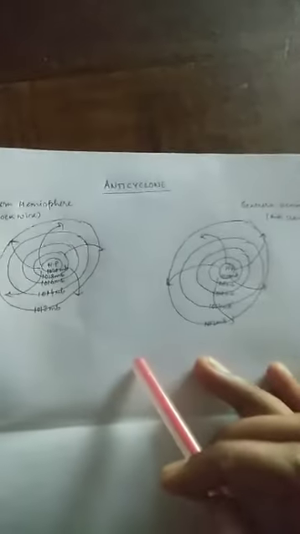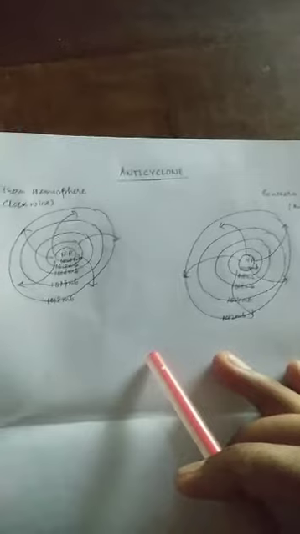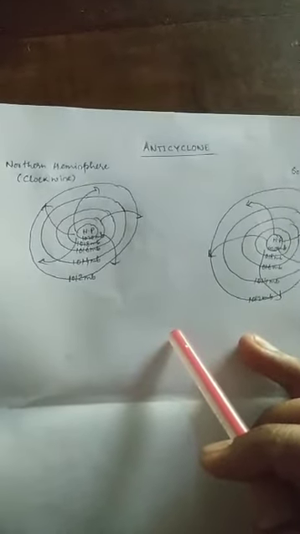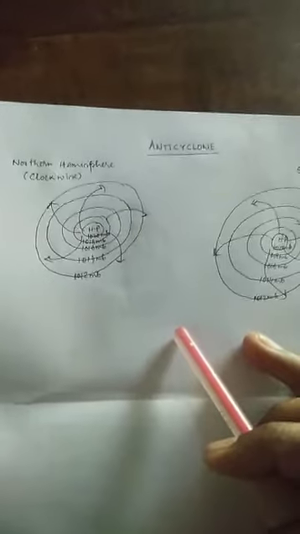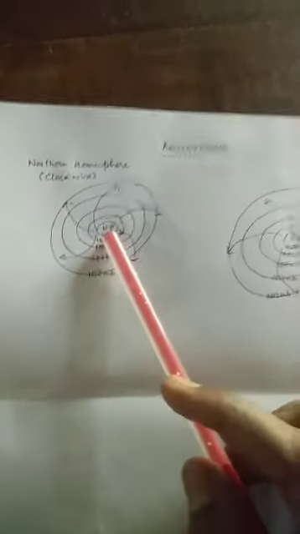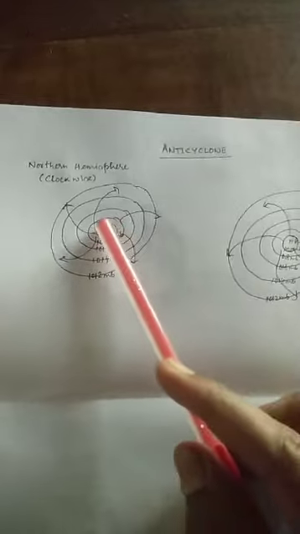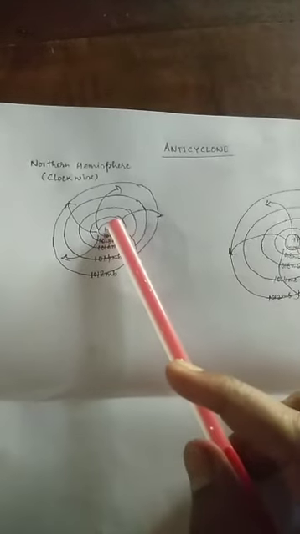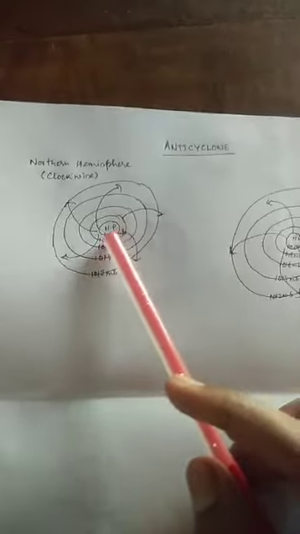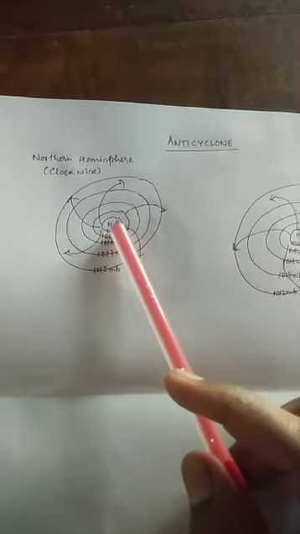anticyclone. What do you mean by anticyclone? Boys, see, anticyclones are the vice versa of cyclone. In case of cyclone, a low pressure zone is created in the center of the cyclone, but in case of anticyclone, a high pressure zone is created in the center.